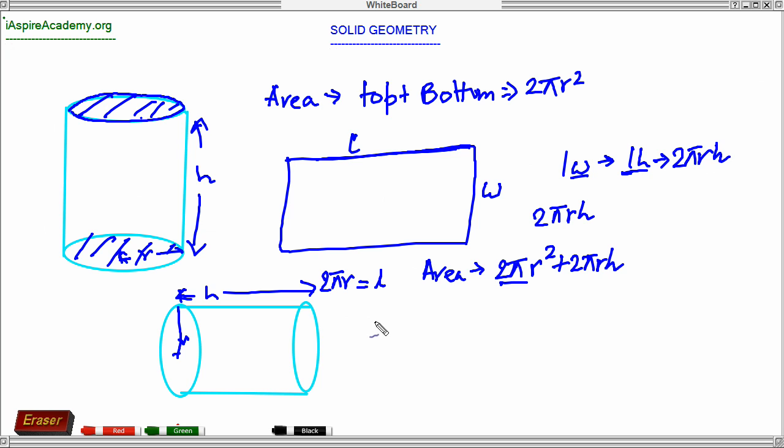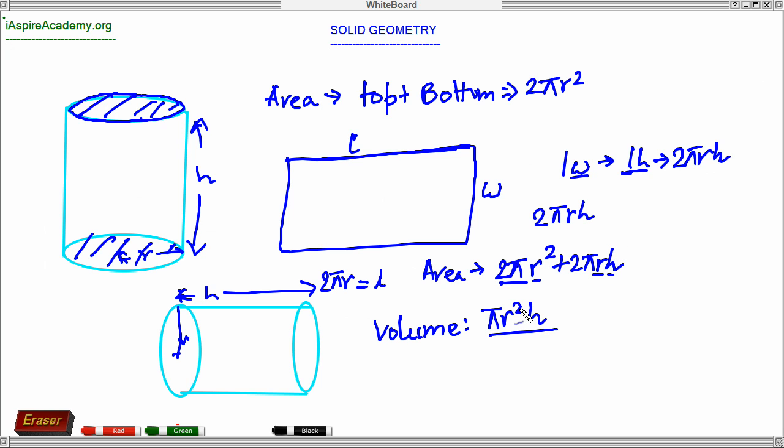So now we know the area of the cylinder. The next one is the volume of the cylinder. Now the volume of the cylinder is pi r square h. One thing to always remember is that surface area is always two-dimensional: right here you have r square and r h, which are two-dimensional.